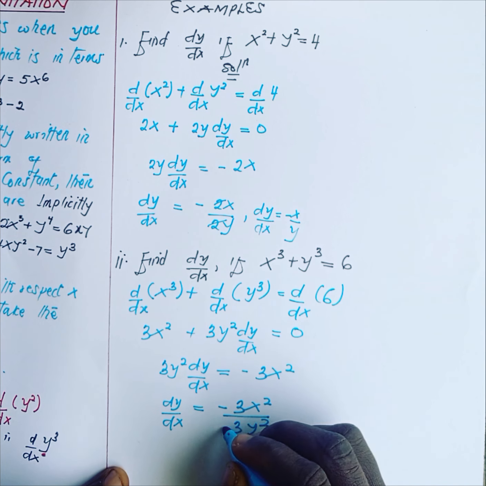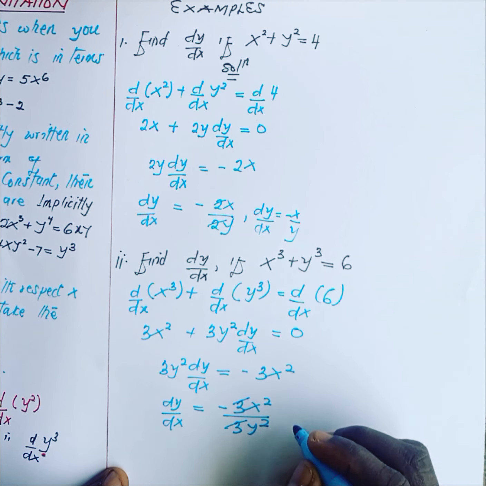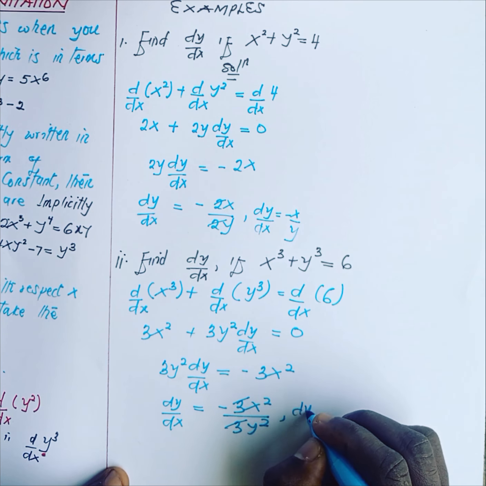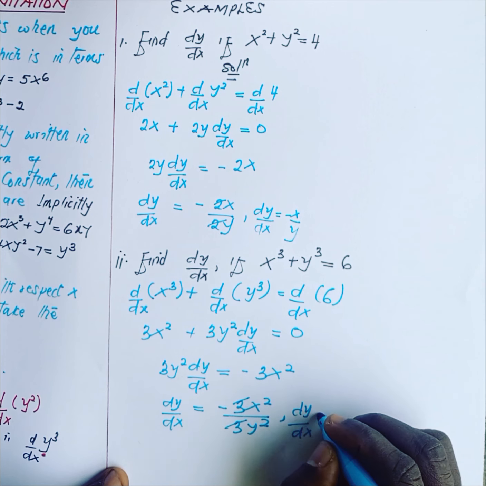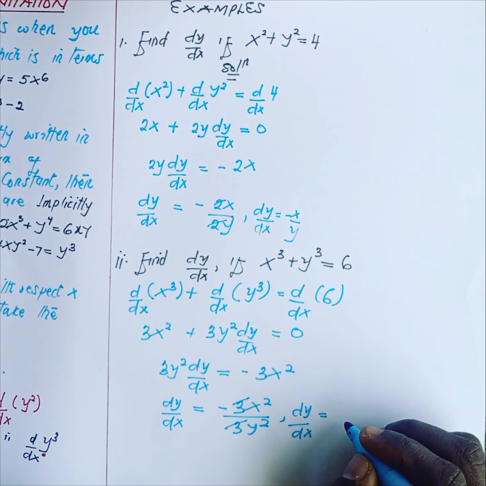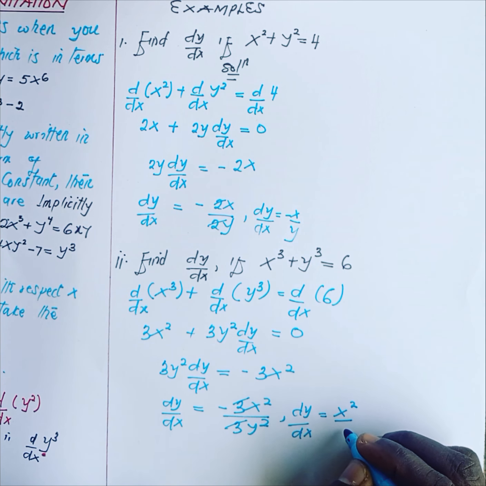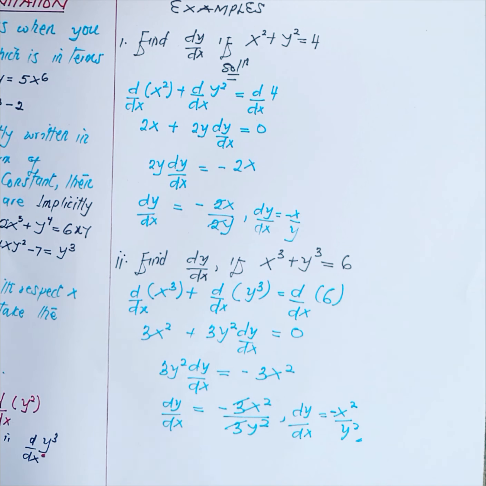Now you can see that 3 and then 3 will go. Therefore, our dy dx, that is the derivative, is equal to negative x squared all over y squared. There's a negative here. And this is the derivative or the gradient function. We take the next example.